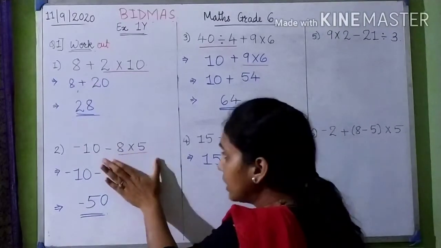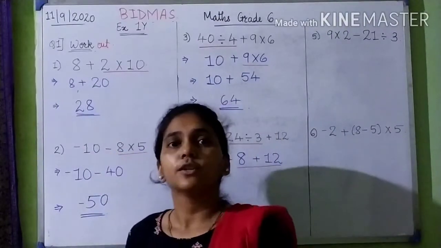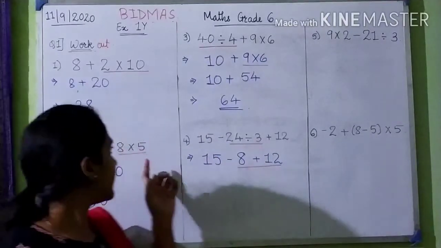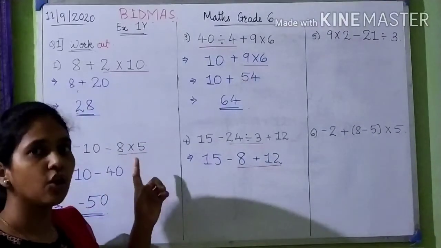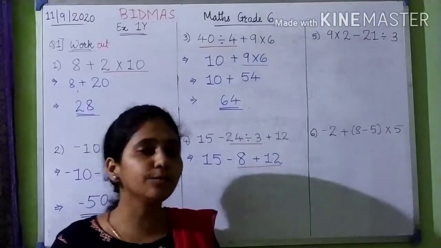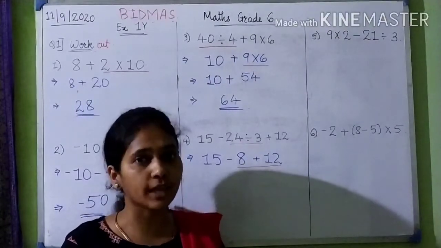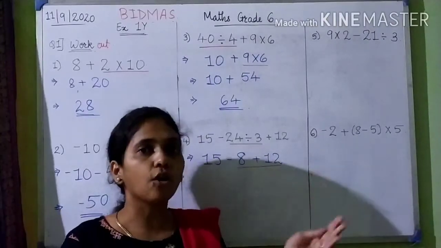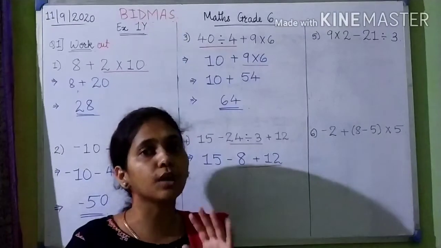So this is true when you have multiplication or division with the other number. Then it is okay if you don't consider the negative sign, because even if you consider the negative sign or you don't, the answer is going to come the same.